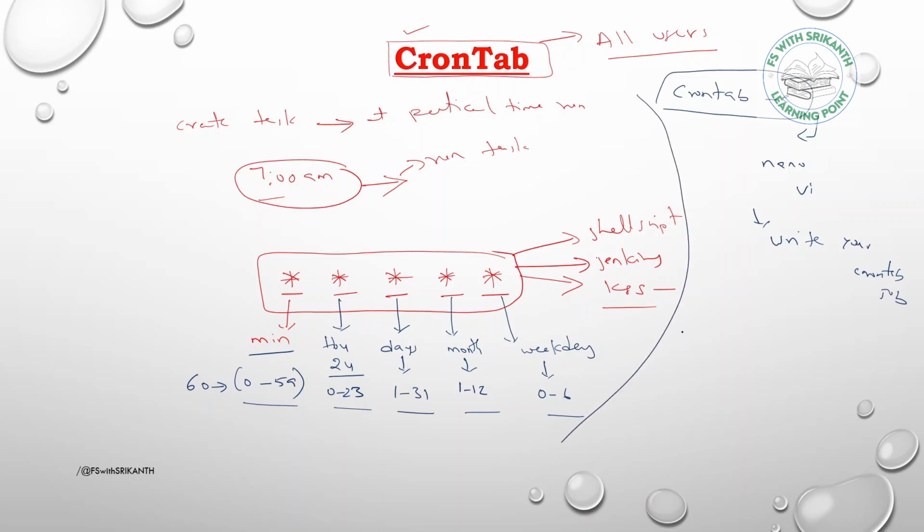And if you want to see a list of cron jobs, crontab -l lists the existing jobs. To remove cron jobs, use -r.